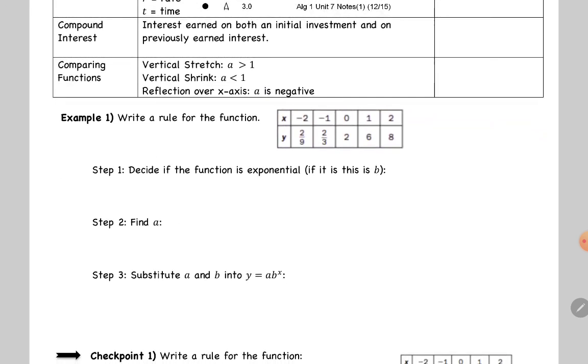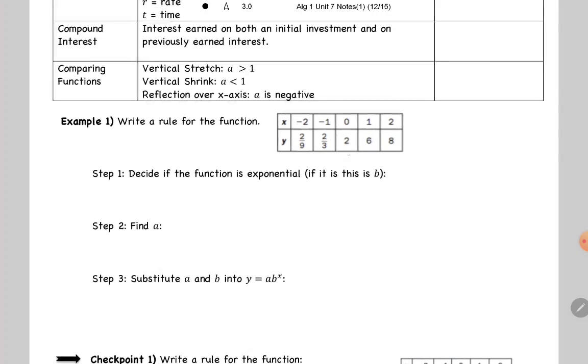Example 1, write a rule for a function. So we need to compare what's going on here. The x values are -2, -1, 0, 1, 2. If we look at the y's though, notice that this is being multiplied by 3.